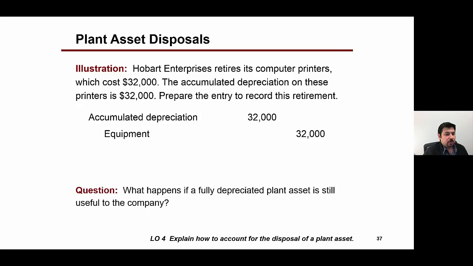This indicates that the asset was completely depreciated but the company is still using it. The reason companies would not credit equipment here is simply that the company still has the asset and did not get rid of it, but it has been fully depreciated.